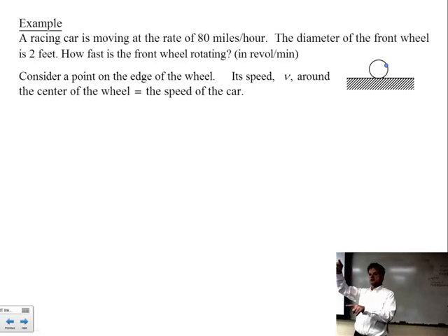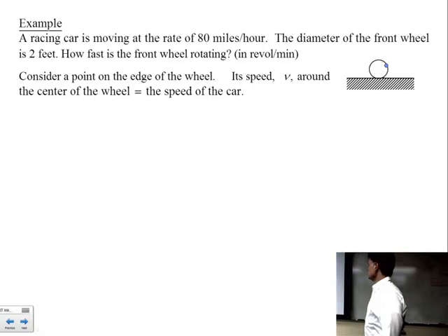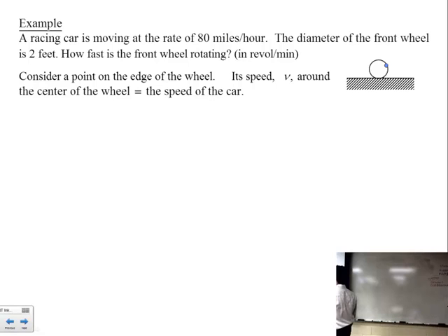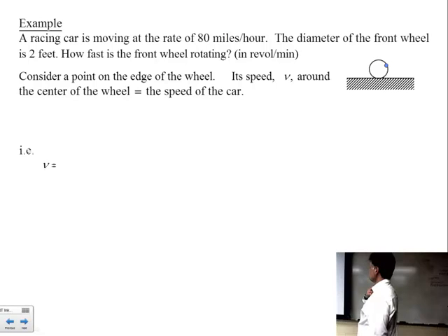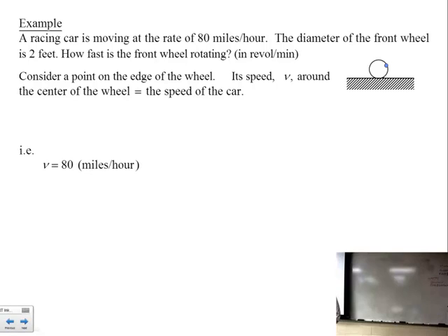But its speed with respect to the axis is its linear speed in this direction. So the only way that can happen is if the axis is moving in that direction at 80 miles an hour. So its linear speed relative to the axis is 80 miles an hour in that direction, but that's 0 relative to the road. So the axis has to be moving 80 miles an hour in the other direction for that to happen. So its linear speed around the axle is the same as the speed of the car. So V is 80 miles per hour.